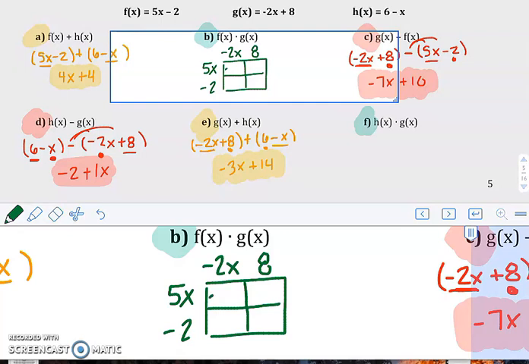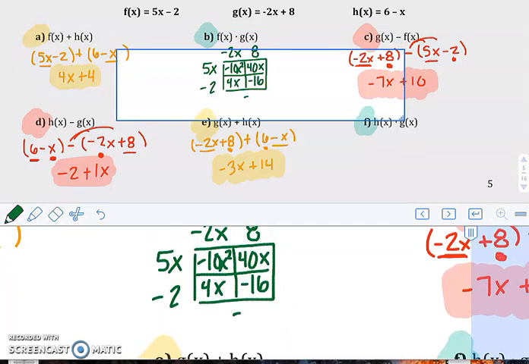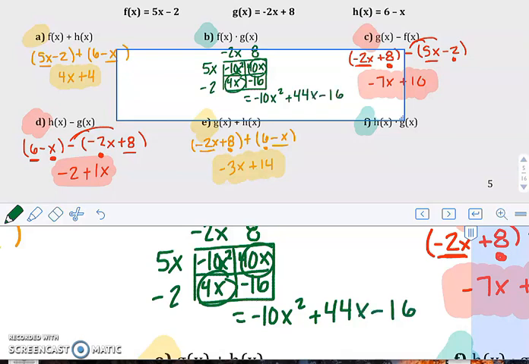So we've got negative 10x squared, 40x, positive 4x, and negative 16 if we multiply those all together. So our end result here is going to be negative 10x squared, 4x plus 40x is 44x, minus 16.